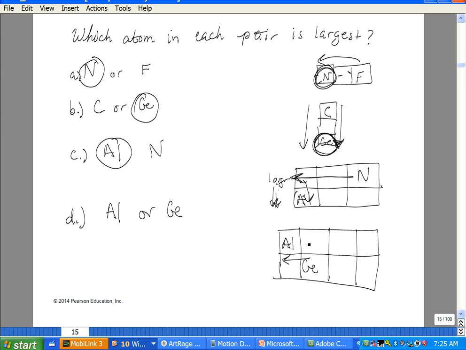But it's also situated above germanium, which would predict that it's smaller. So going in this direction, we predict it's going to be larger. But now we take the same amount of distance upward, which tells us that it should be smaller, and those two cancel each other out. So we can't really predict based on the periodic table location alone which one is larger.